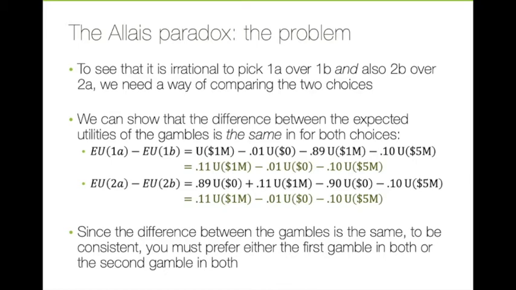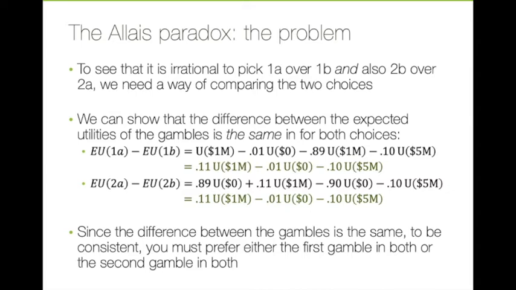difference in utility between the choices in each case, we're going to take the expected utilities we just determined on the previous slide. And for each decision, we're going to subtract the expected utility of the B choice from the expected utility of the A choice.